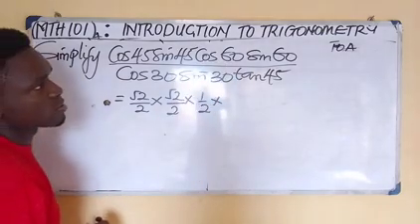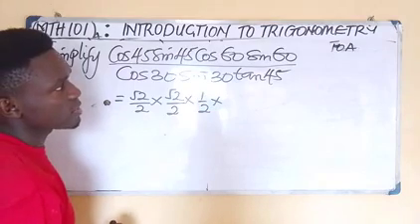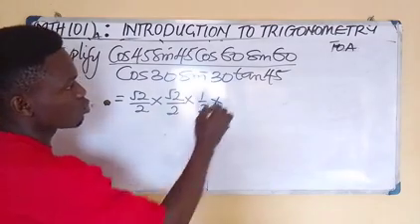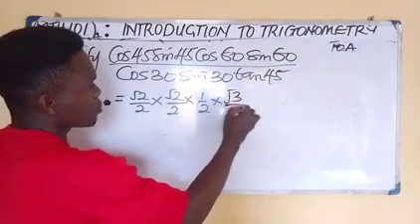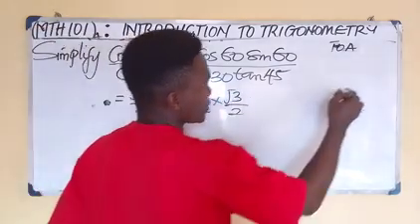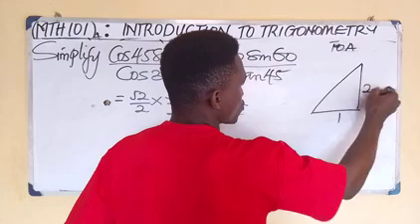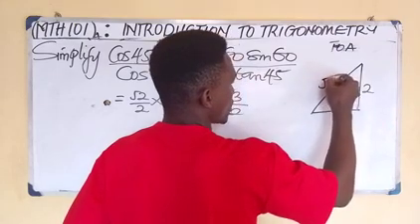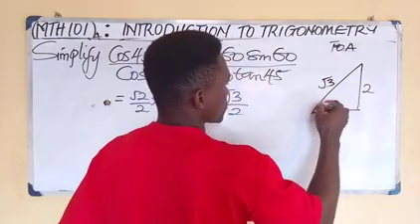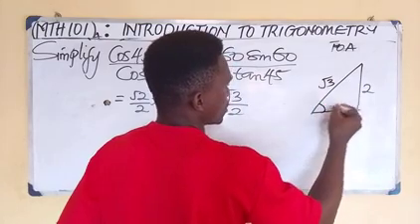Then what is sine 60? This sine 60 was root 3 over 2, right? Root 3 over 2. Let us check it out again. I had this: here was 1, 2, we had root 3, right? 60.